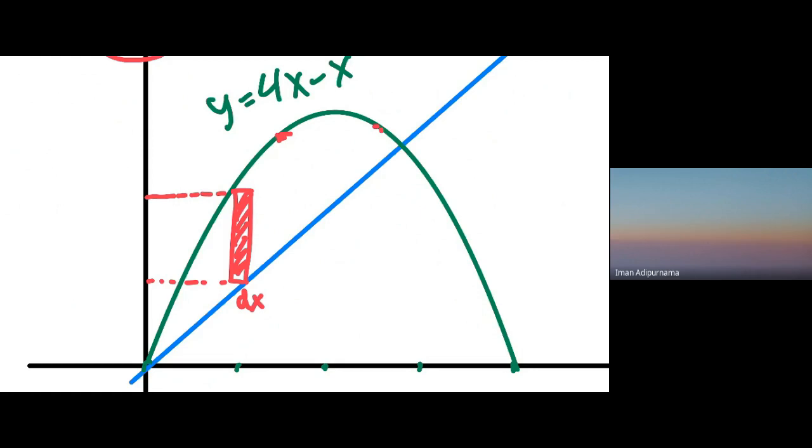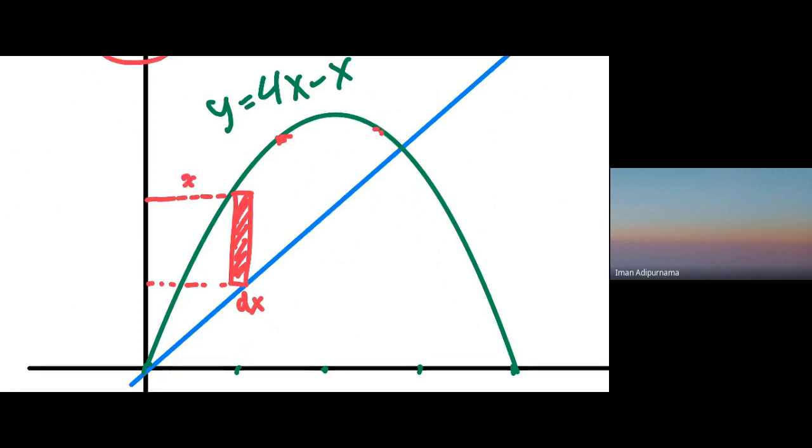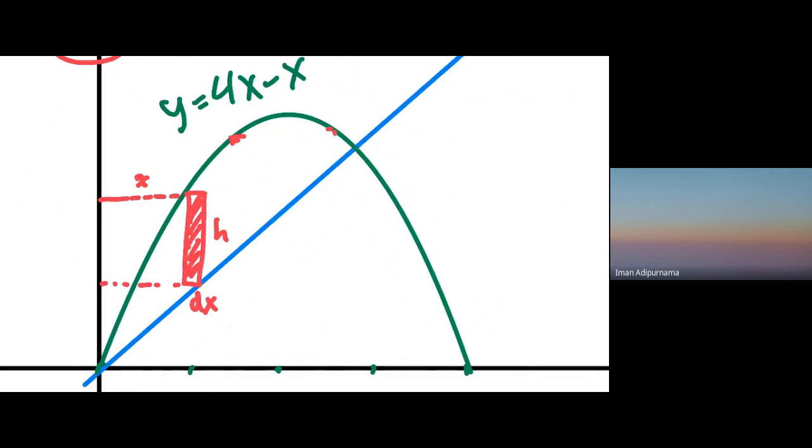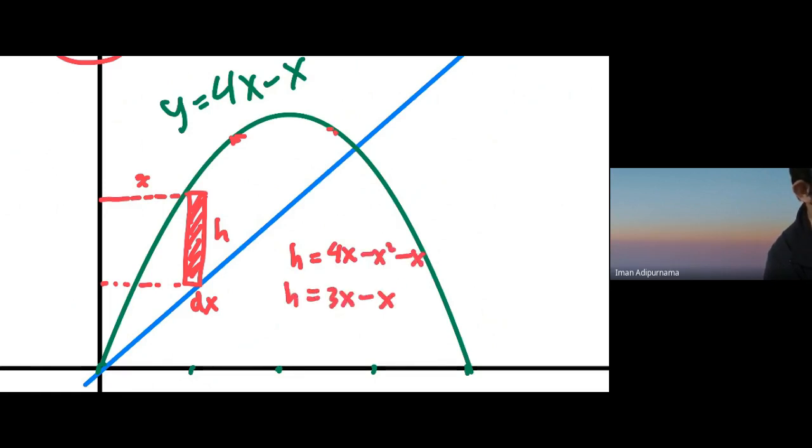So when we rotate, our concern is really just to find the radius and the height. The radius is just x, because we can set up with different x, and the height will be the difference on these two curves, right? This height. So the height will be 4x minus x squared minus x, or 3x minus x squared.